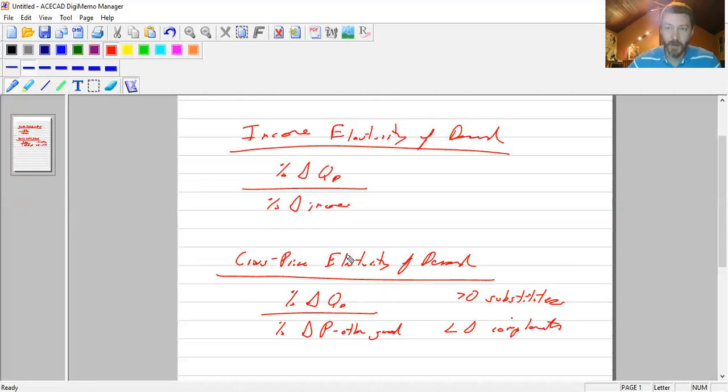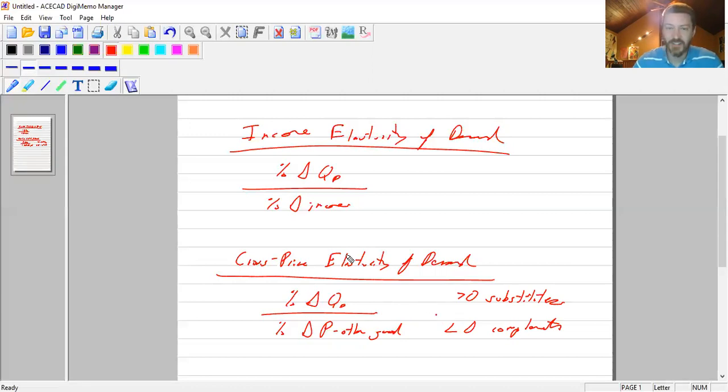That's consistent with what we said before in the demand chapter on those determinants of demand. But we can get a sense of whether they're substitutes or complements, and to what extent they move together. How closely does the demand of one good move in response to a change in price of another good? That gives you a sense of the degree of substitutability or the degree of complementarity.